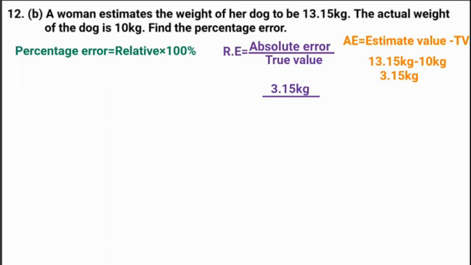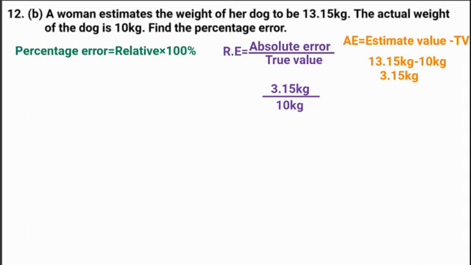This expression I've written is the relative error. Now we're going to use this relative error to find the percentage error. So I'm going to replace relative error by the expression I just circled there.